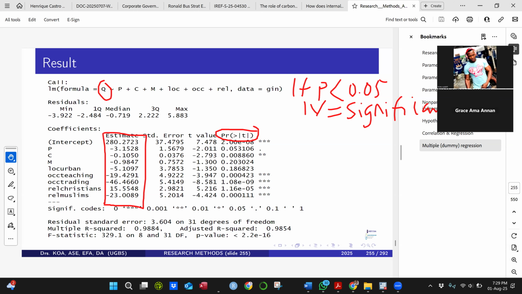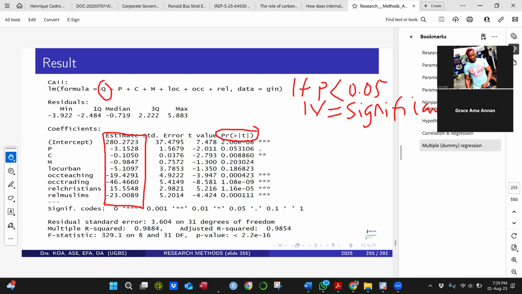Sir, who can tell us whether the average income of the people, the M, is significant or insignificant? Amma? Please, are you saying C or M?